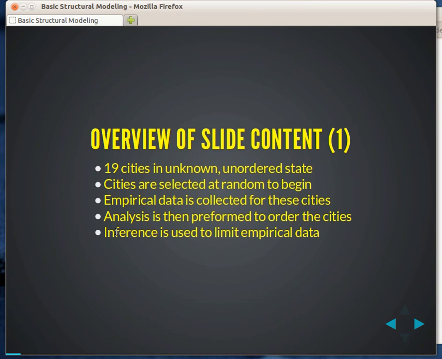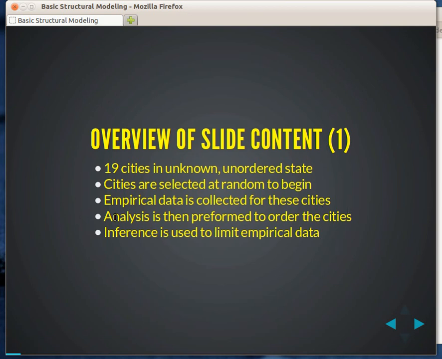Once we have put the cities into an unknown randomized state, cities are selected at random to begin with. What that means is we sample the data pool and collect a few of the cities. We start out with 5 cities, and we get 5 data points for each one. That's the empirical data that will be collected.